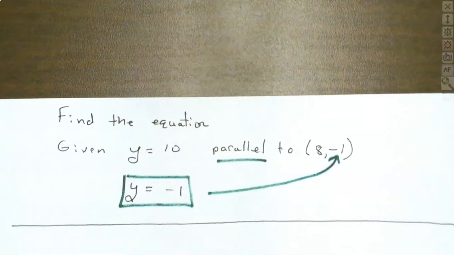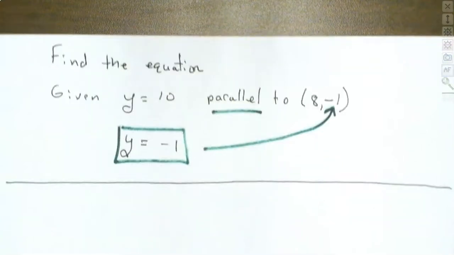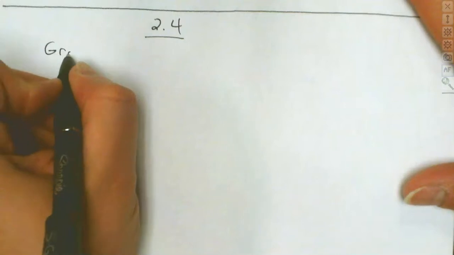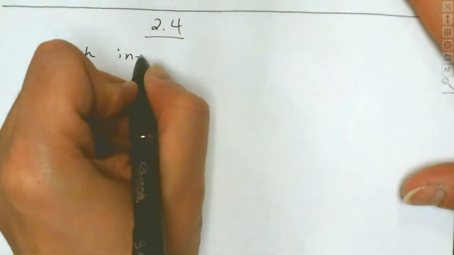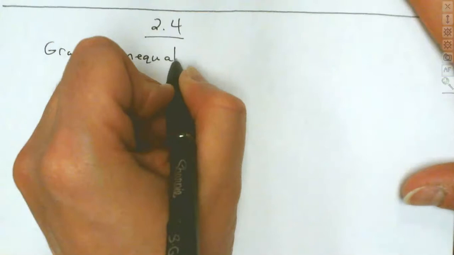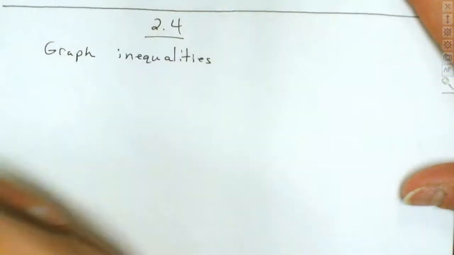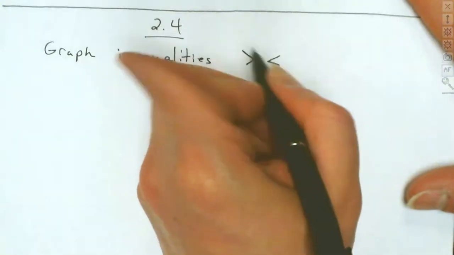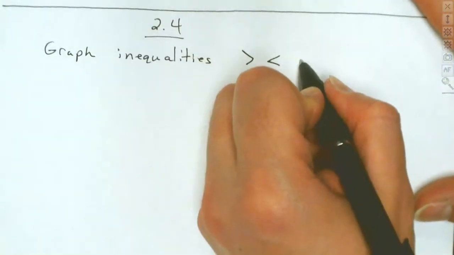2.4 is graphing inequalities. And this is much easier, I think, than the last section. And so we're going to be graphing inequalities. When we graph inequalities, a strictly less than, strictly greater than, those don't get parentheses anymore.